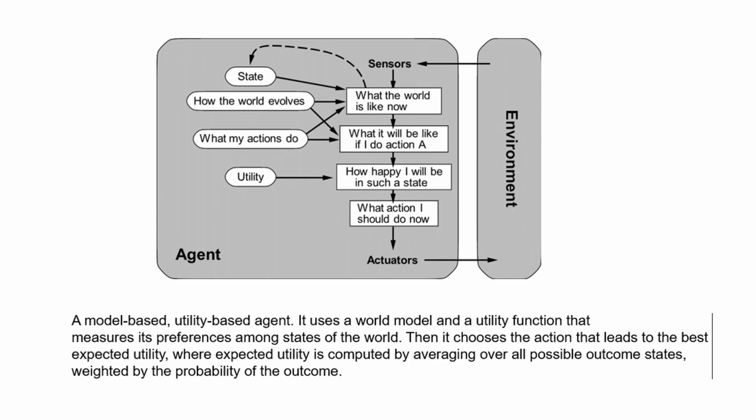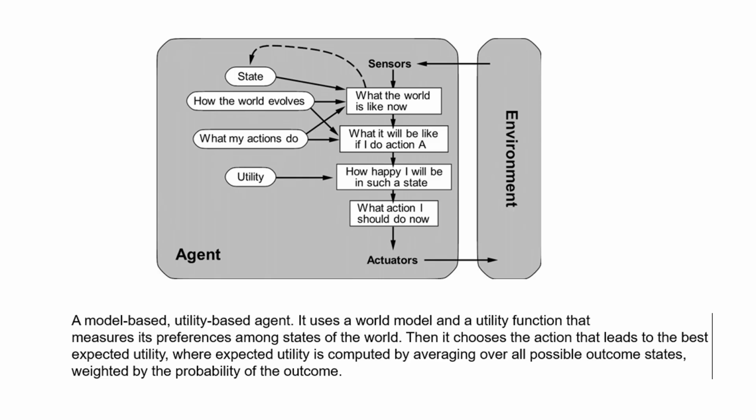So here I will consider the utility function. How happy will I be in such a state. It assigns a numerical value to each possible state and measures how desirable a state is. For example, in the case of a taxi, we are considering the utility factors: safety, time, comfort, and fuel efficiency. So higher utility means a better outcome.